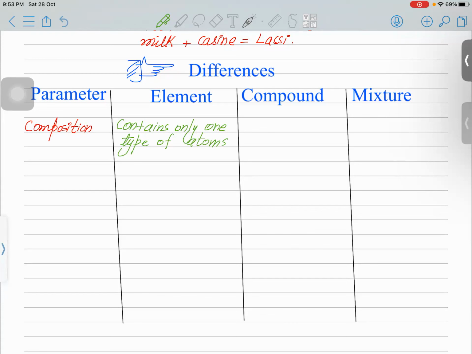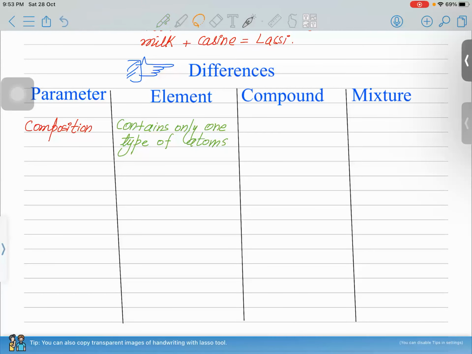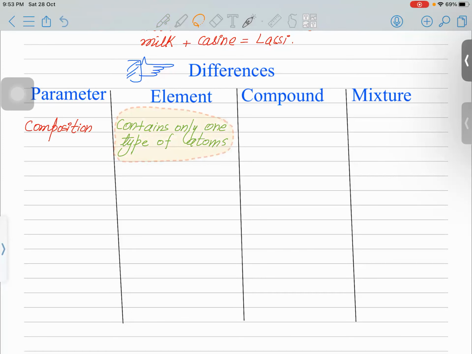And what about the compound? Contains different types of atoms.